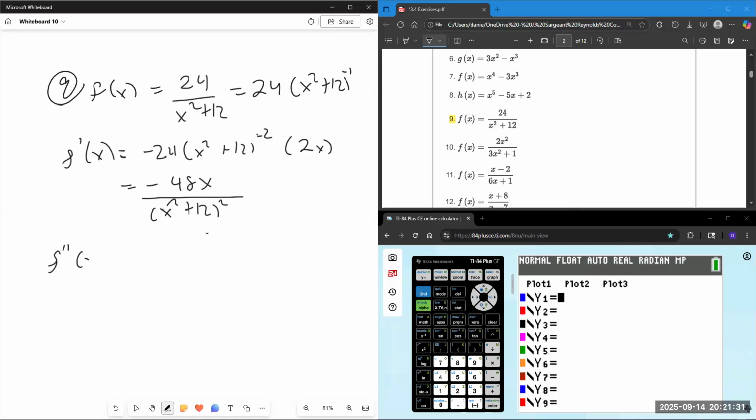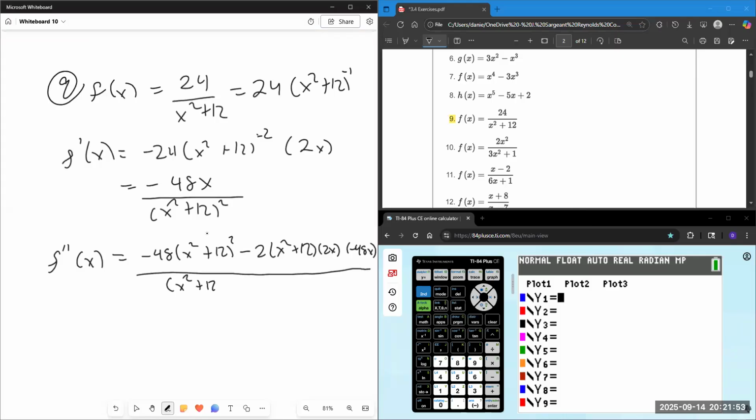For my second derivative, I'm going to need the derivative of the numerator times the denominator minus the derivative of the denominator times the numerator, all over the denominator squared. Let's pull out some common factors in the numerator. So I have a negative 48 and an x squared plus 12 that are common.